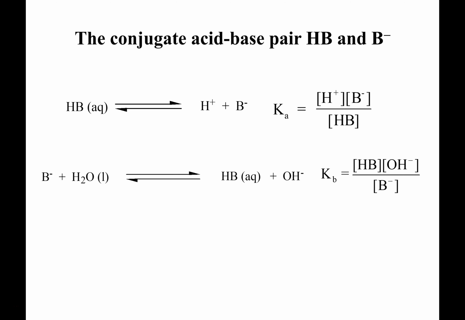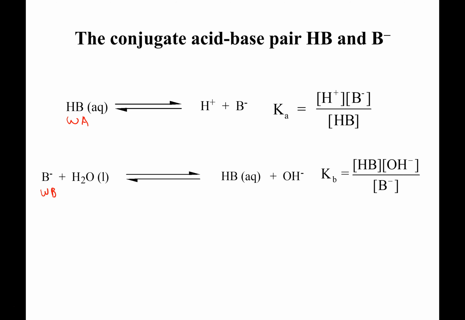One of the things that I think will be helpful in finding relative pHs is you're going to see me do this. I'll put WA for weak acid, and I'll put WB for weak base.